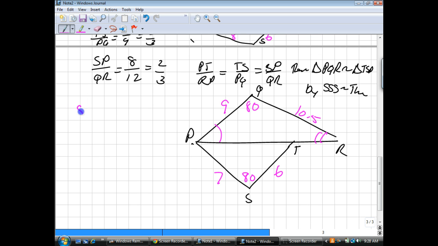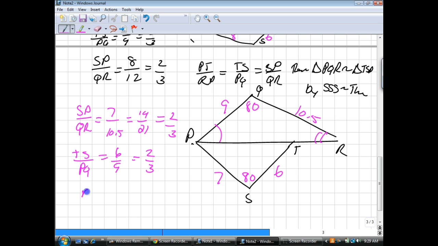So we show that SP is to QR, so that would be 7 to 10.5. So if I multiply by 2, that gives me 14 over 21, or 2/3. And then I do TS to PQ, which is 6 to 9, which gives me 2/3.